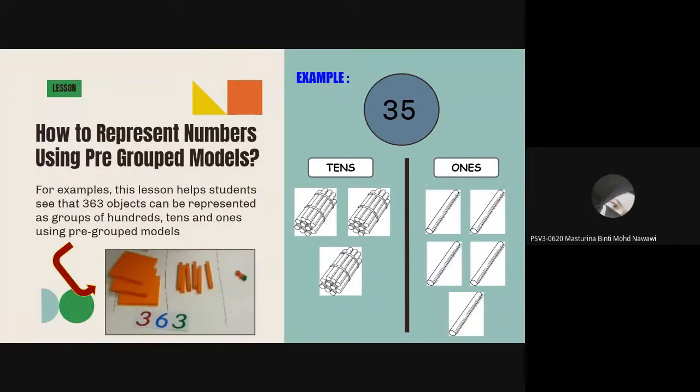For example, the tens will be 30, and then the ones will be 5. So the number 35 can be shown using the base 10 models or the sticks, just like straws and other long sticks. That's all from me.